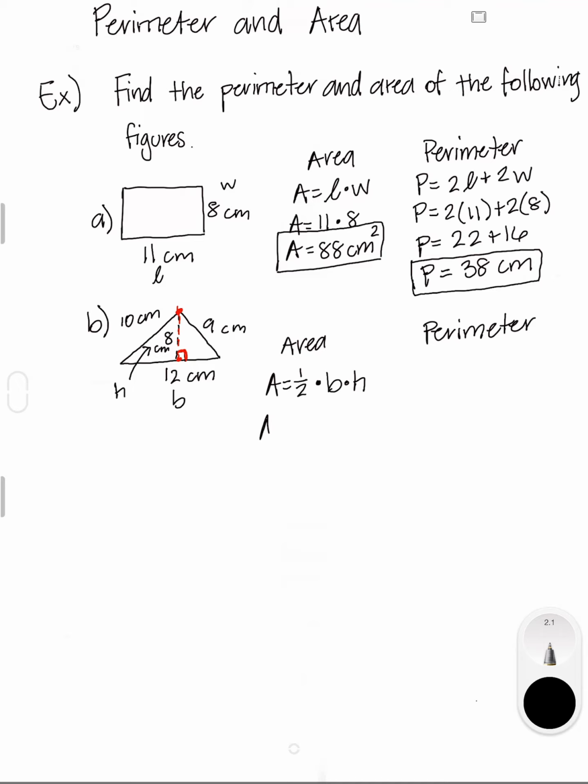So when we are trying to find the area, we go ahead and plug them in. So it's 1/2 times the base, which is 12, times the height, which is 8. So here we can first multiply 1/2 times 12. We know that 1/2 means dividing by 2, or half of 12, which is going to be 6.